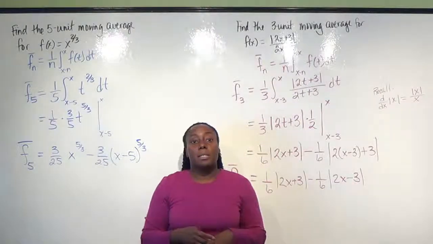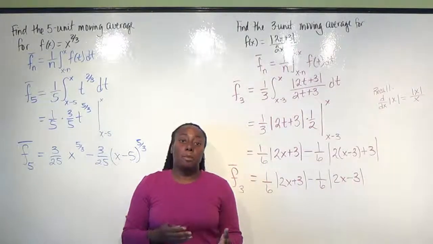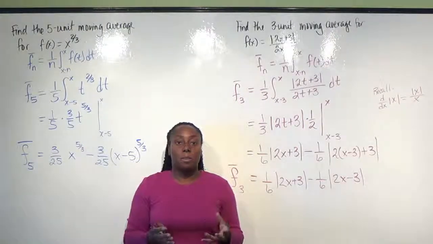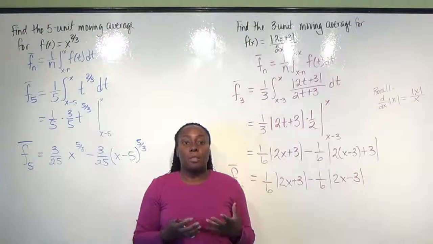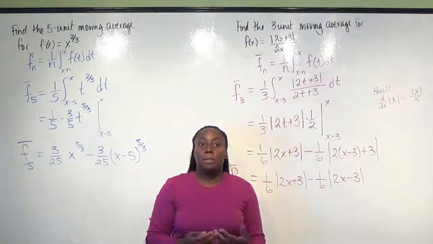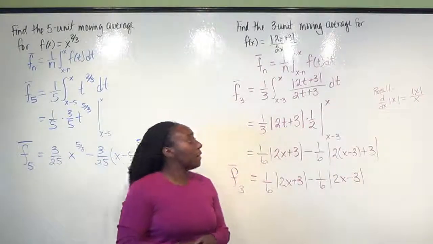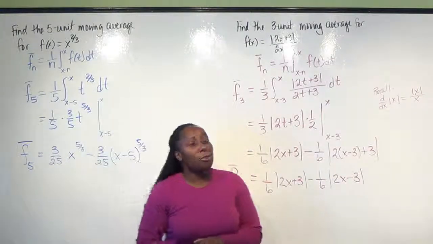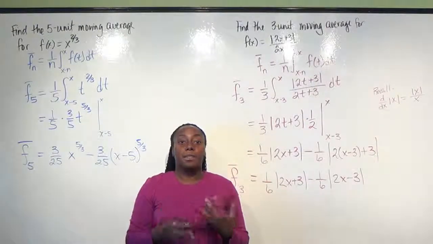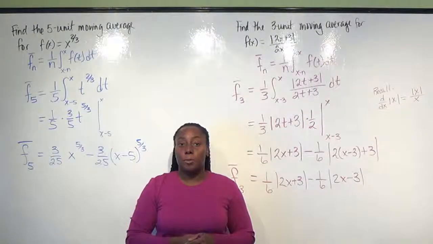But you're also going to see some of the table ones. And of course, those are not going to be as extensive as the ones you'll see in the homework, but you'll be asked to do some of the table ones as well, maybe with a lot fewer data points than you would have in the homework. Okay? So understand your n-unit moving average and be able to calculate the function as well as the actual values for the subintervals.